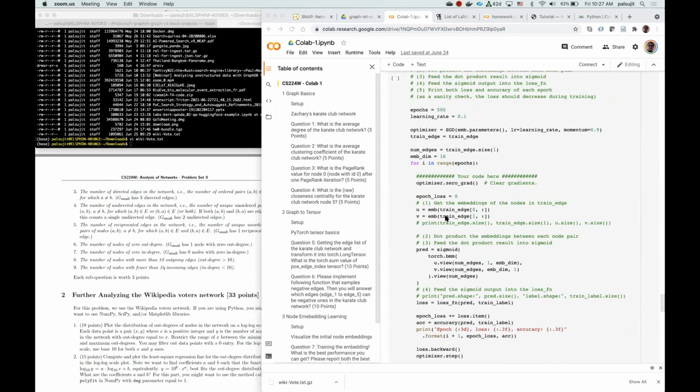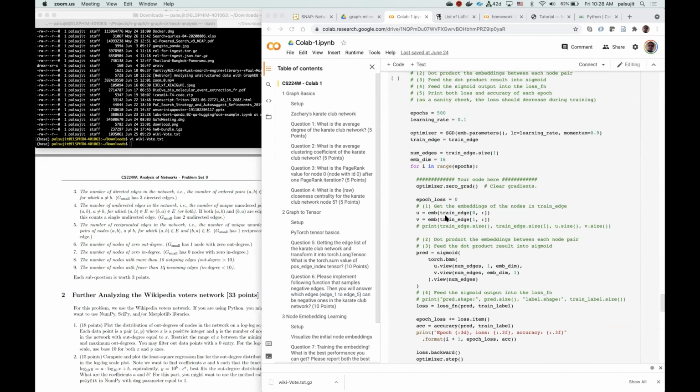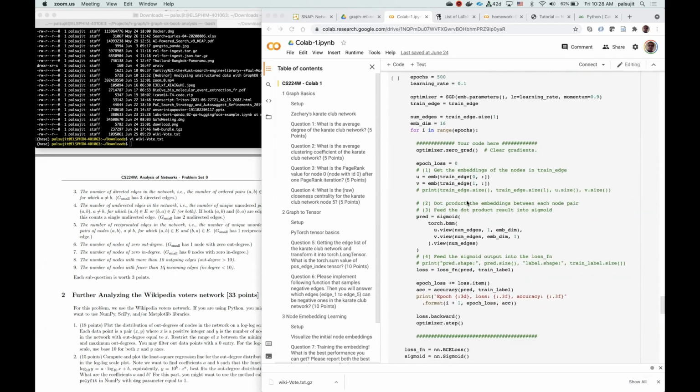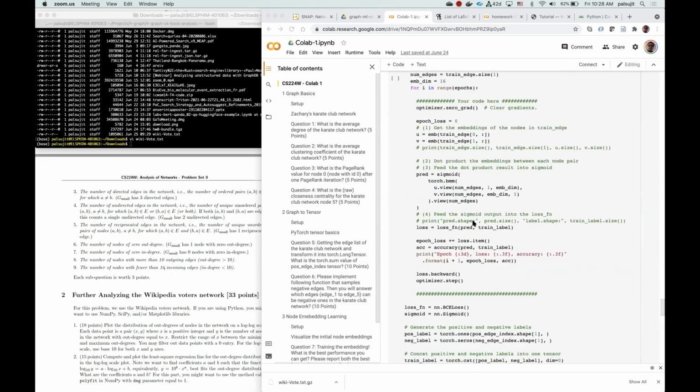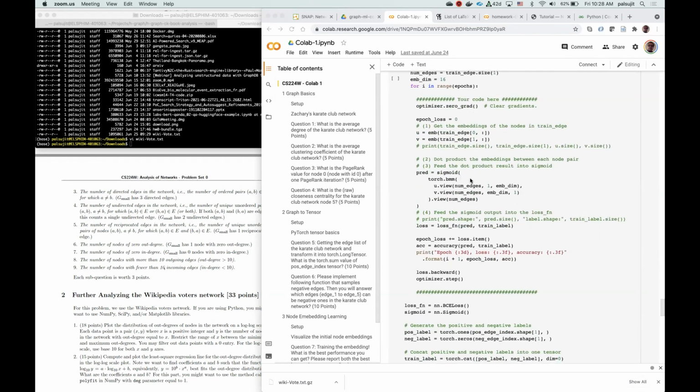That's why the first scatter plot was jumbled up, because it represented the untrained weights. Then you take the embeddings, do a dot product of them, and take the sigmoid. That's your prediction of whether the nodes are related or not.